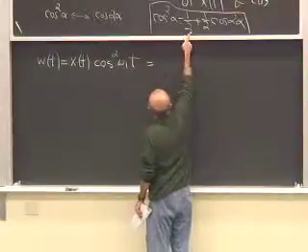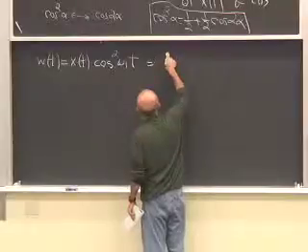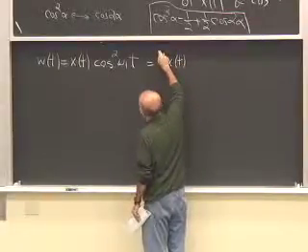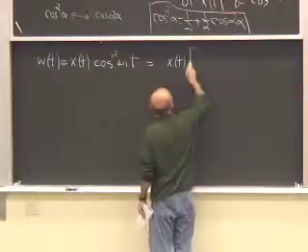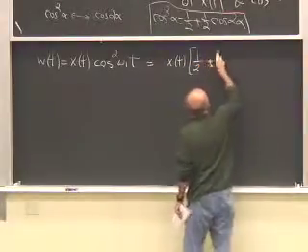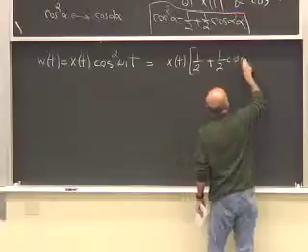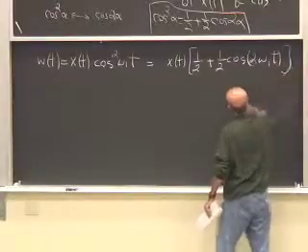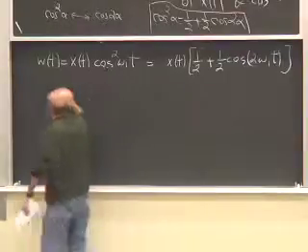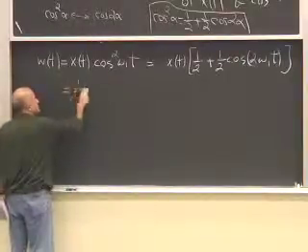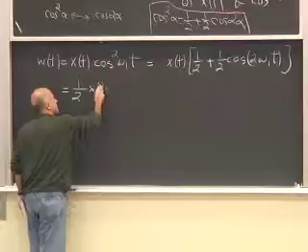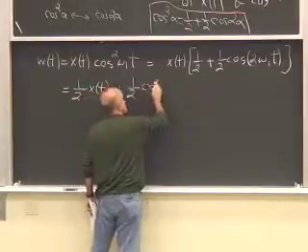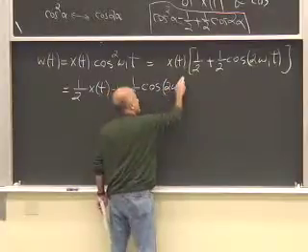So we substitute this trig identity. And now we multiply it through. So you have 1/2 x of t plus 1/2 cosine 2 omega 1t x of t.